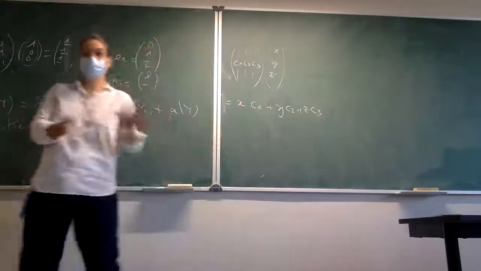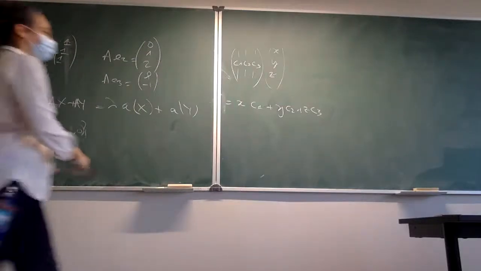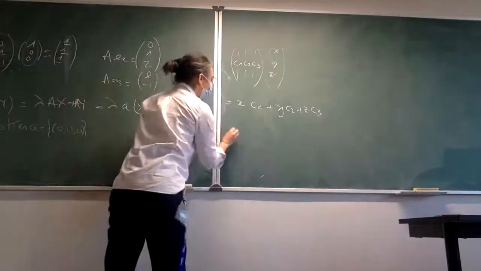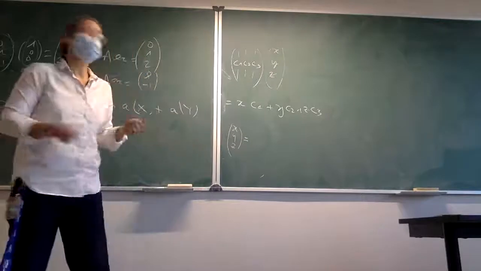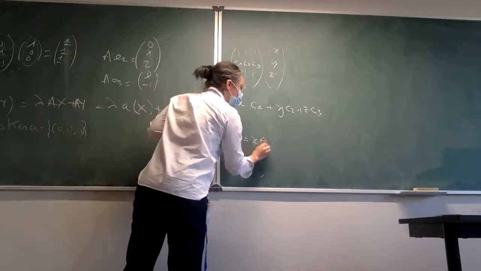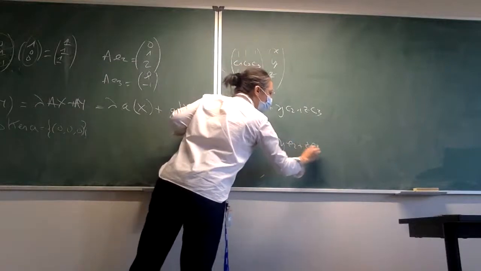That's something that we have seen. So what do we find again here? We find that this x, y, z vector, I can write as x times e1 plus y times e2 plus z times e3.